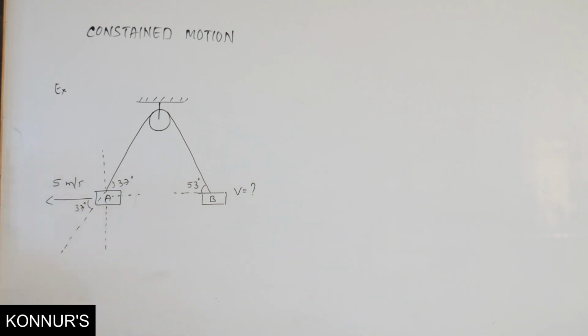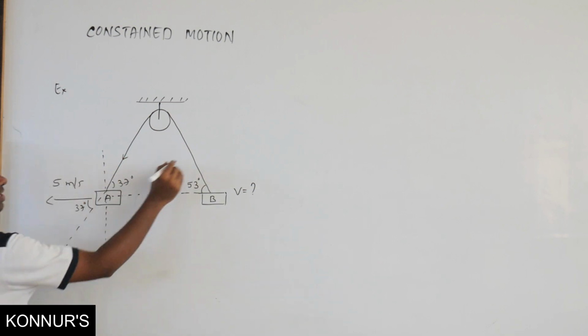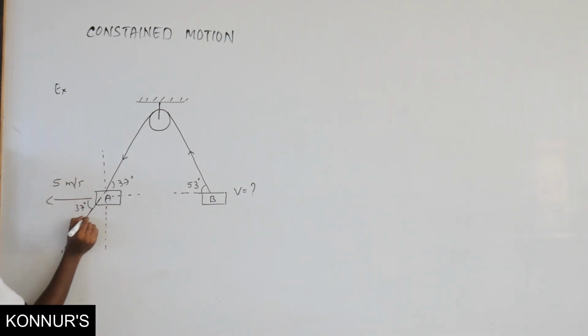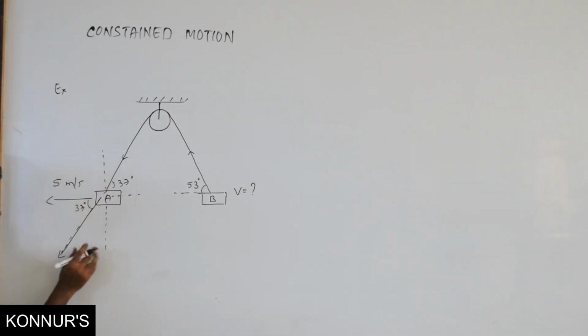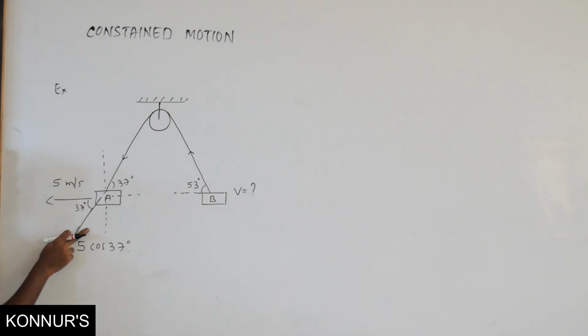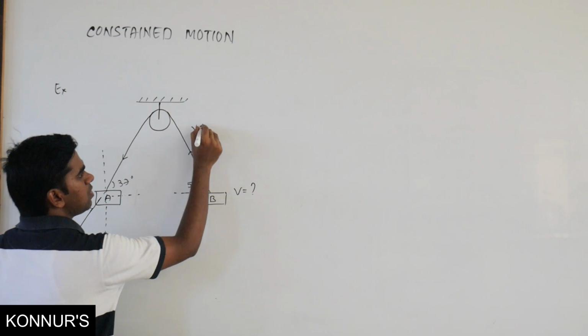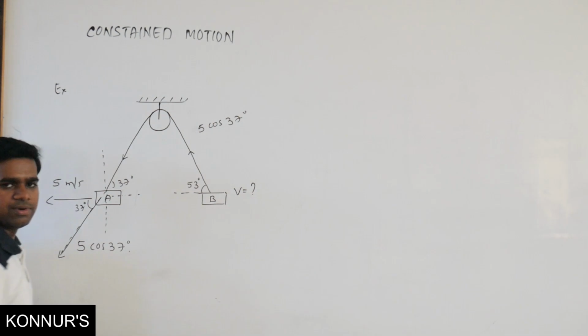Now if this moves in this direction, the tension in the string will come in this direction. Here it will come in this direction. So take the component of velocity of A in this direction. The component of 5 will become 5 cos 37 degree. If here it is 5 cos 37 degree, here also it is 5 cos 37 degree only.